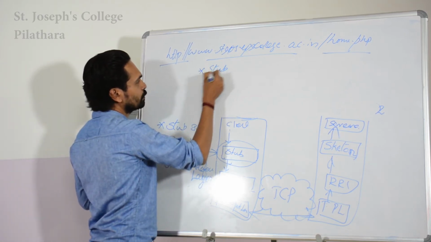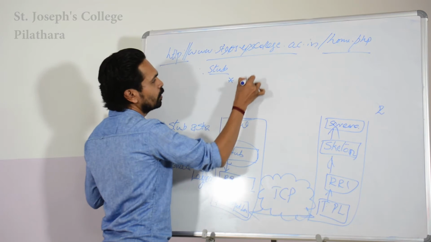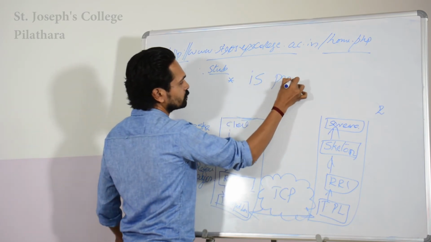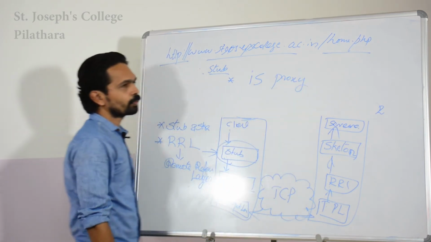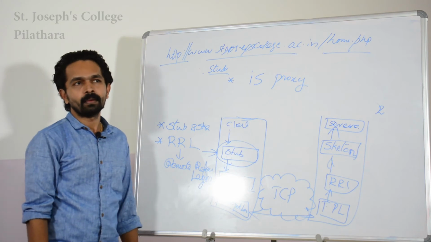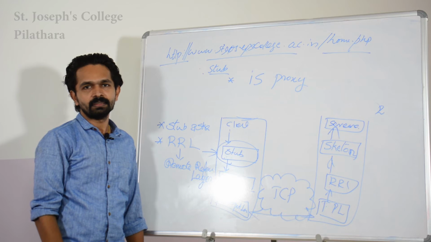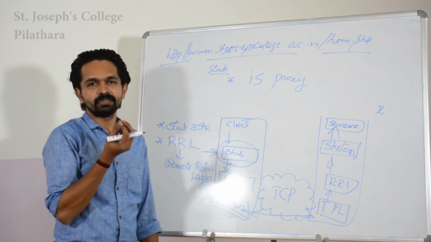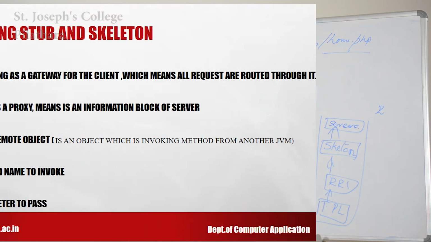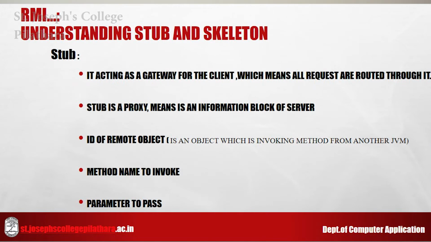It is one kind of storage location, using the store and forward method. Using the store and forward method, the stub acts as a gateway.